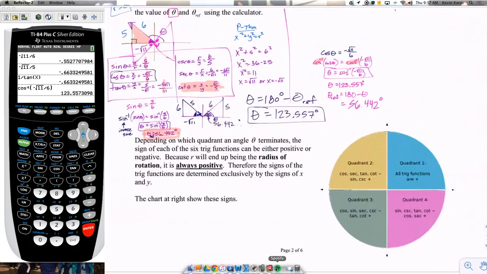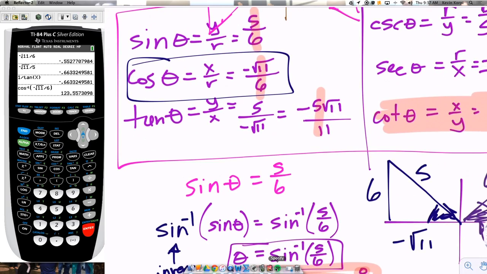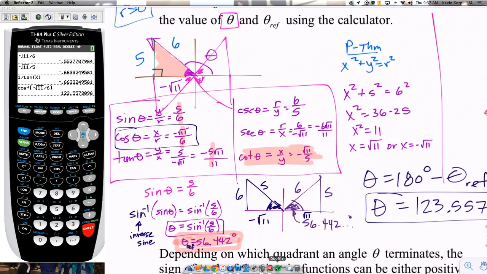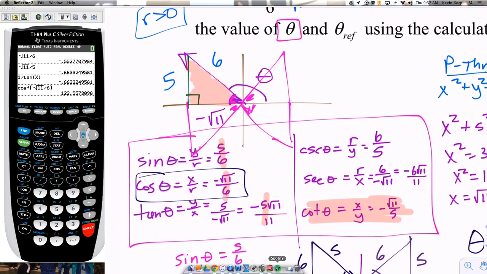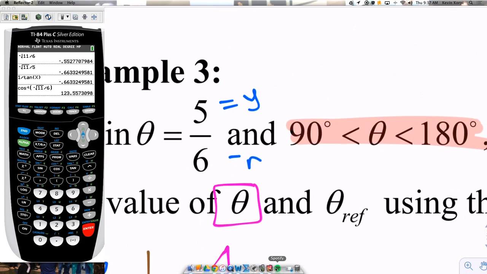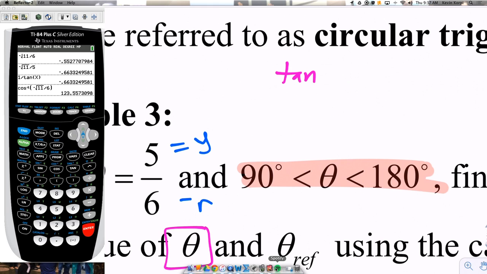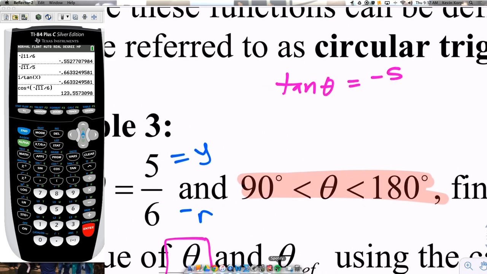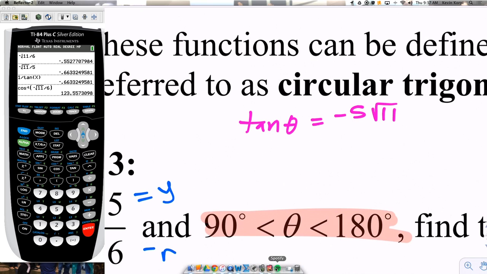Now, what would happen if we used the inverse tangent? Just kind of using the last button here. Let's see what that would give us. That would be if tangent of theta is equal to negative 5 square root of 11 over 11.